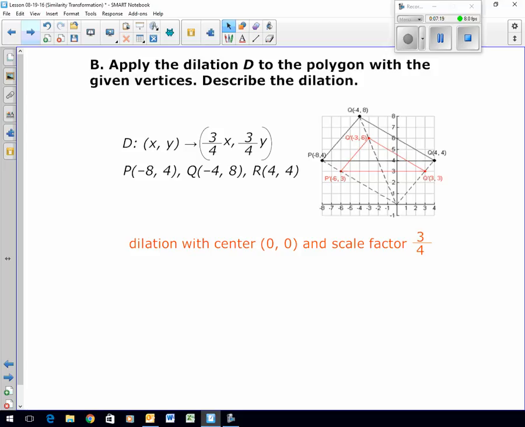It will reduce it. Very good. If I have 3/4 and I multiply it by 8, what do I end up at? 3/4 times 8 is 6. 3/4 times negative 8.